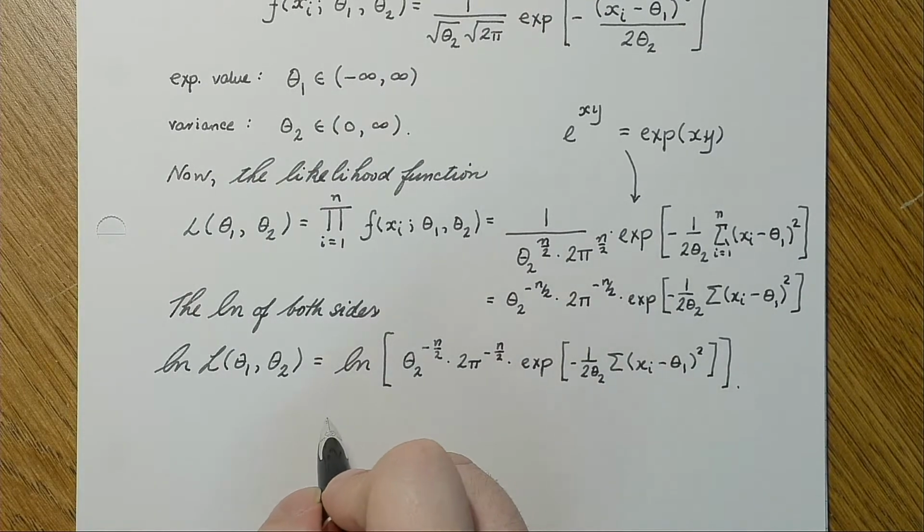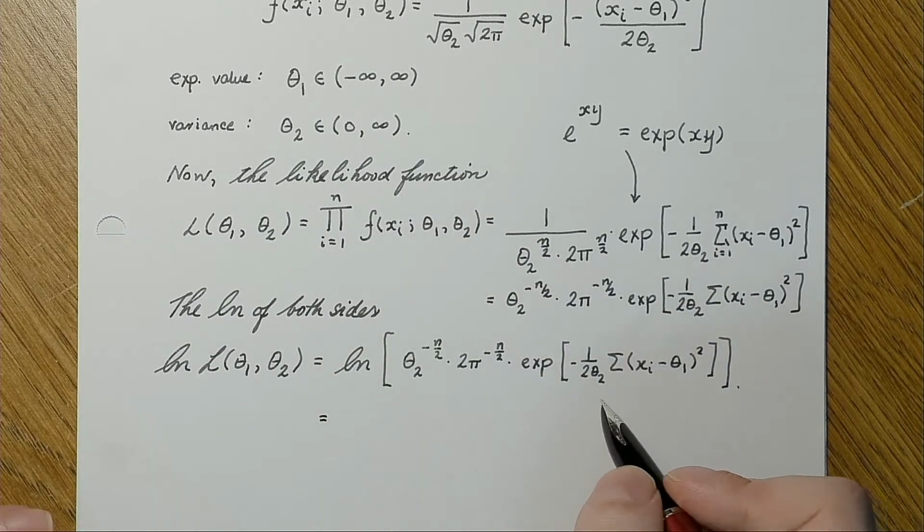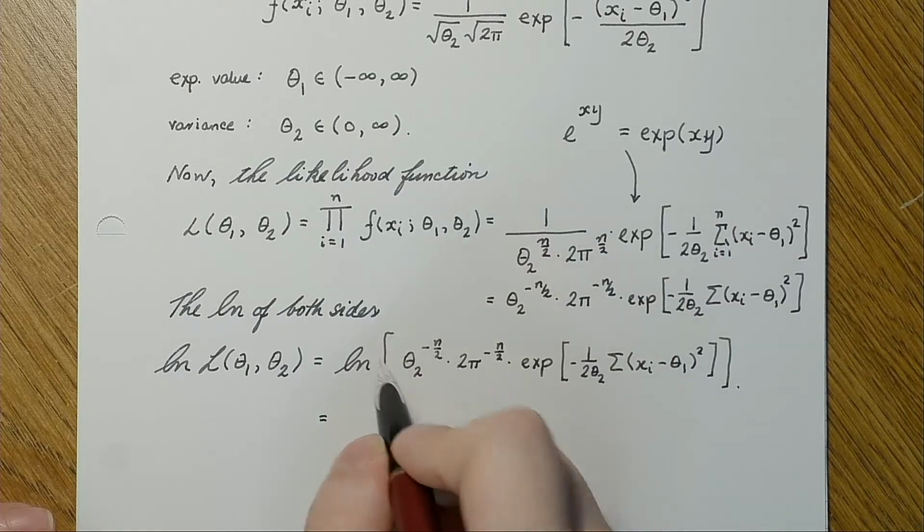So now I can break this up. I can apply the ln to each of these terms, and I can also bring the exponent down in front.